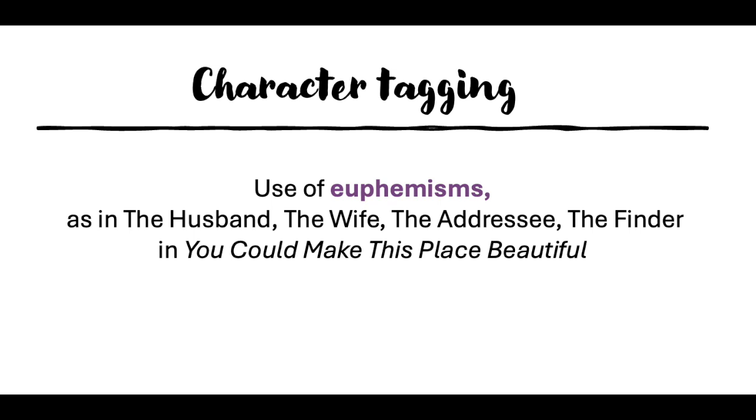And so she calls the woman the addressee, which I like, the addressee on the postcard, and that is all she is in this book. She's a sort of character, but we don't find out anything about her, which is appropriate.